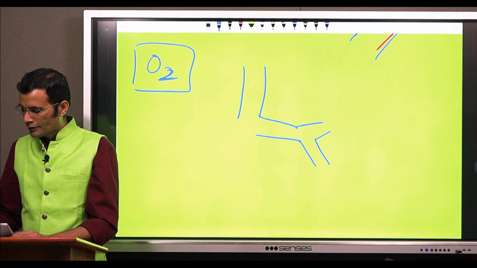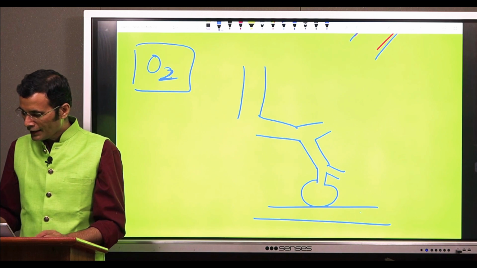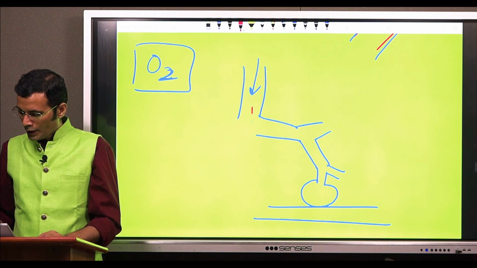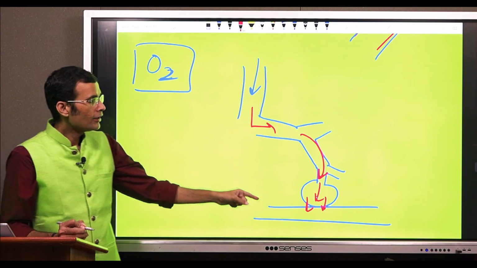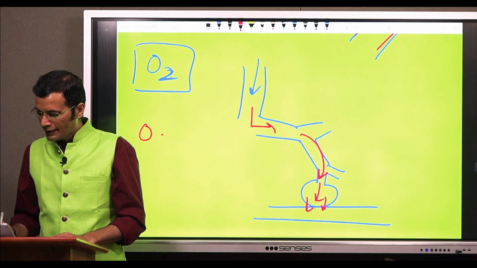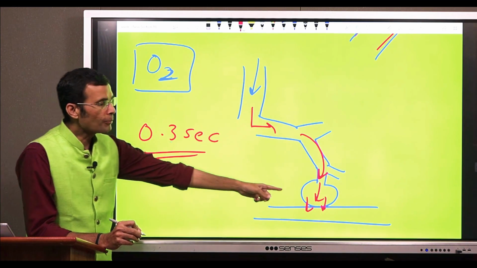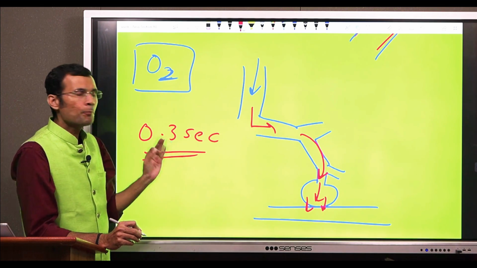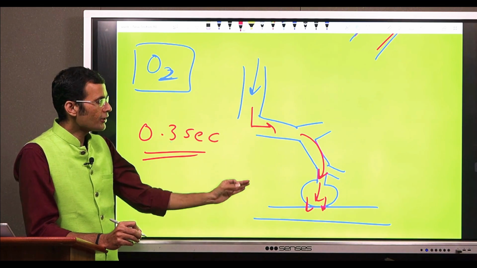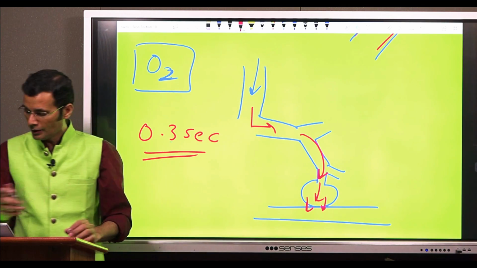Why? What's the reason? The reason simply is, if we inhale oxygen, it reaches the alveolus, and within the next 0.3 seconds it reaches equilibrium from the alveolus into the pulmonary capillary blood.